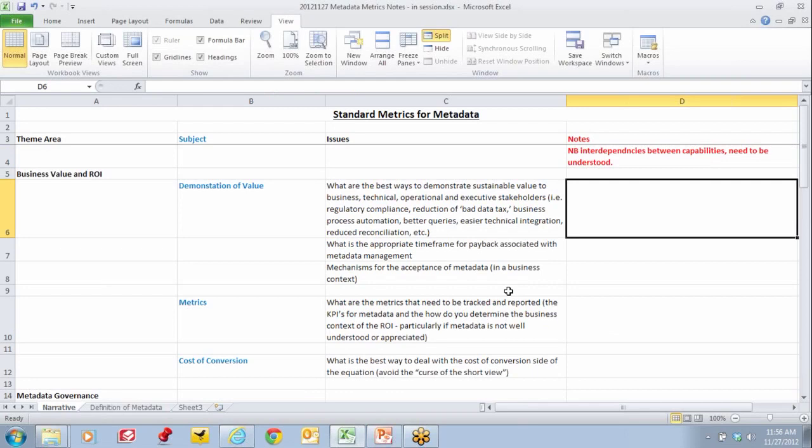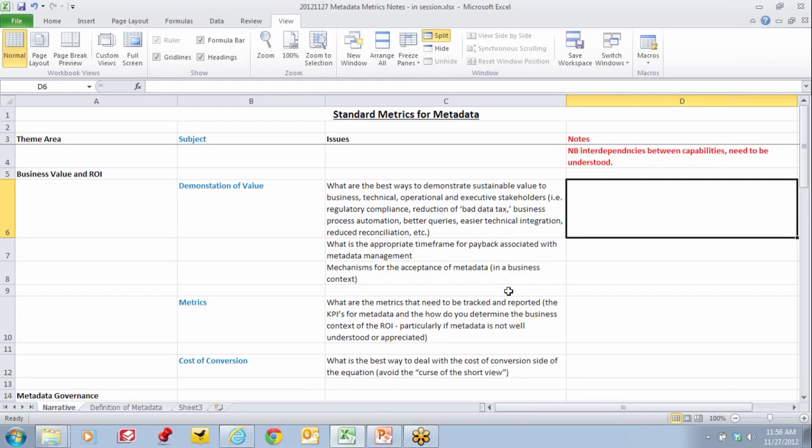The first one was, how do we demonstrate value of metadata to various constituencies? So it's how are we talking about it, and how are people receiving it? And I think, Norm, that's part of the language of the audience that you were articulating earlier. We're going to keep that in the back of our mind.